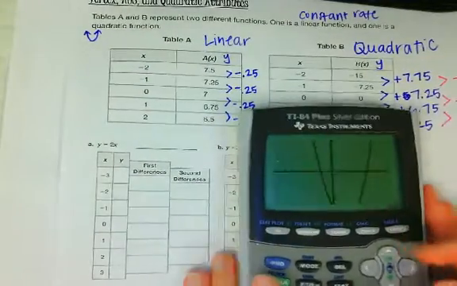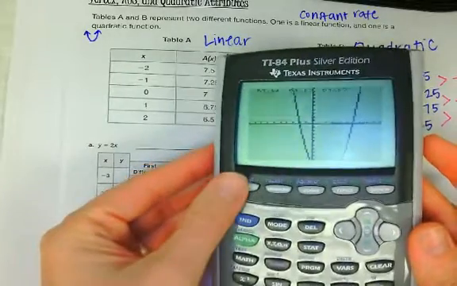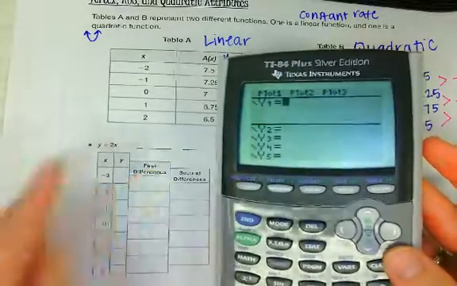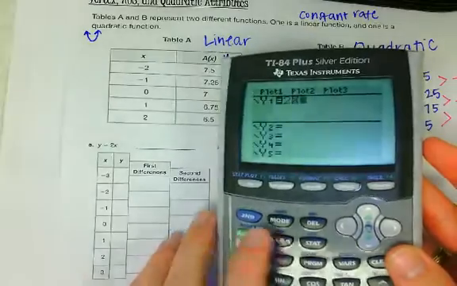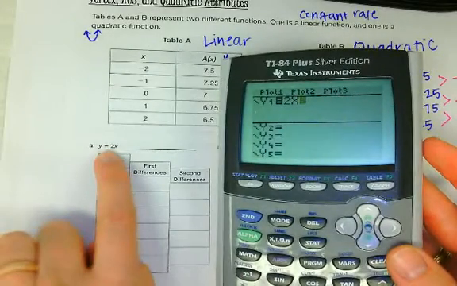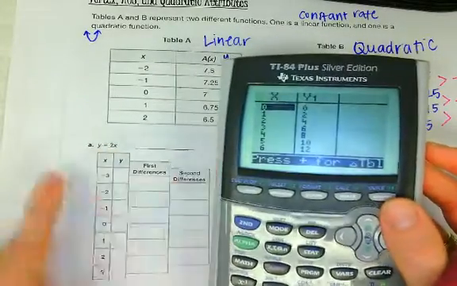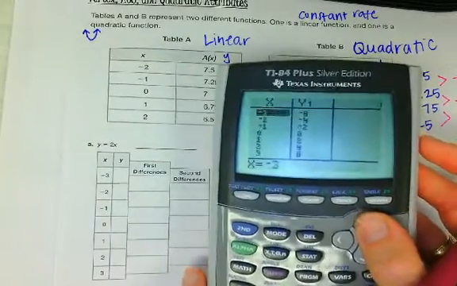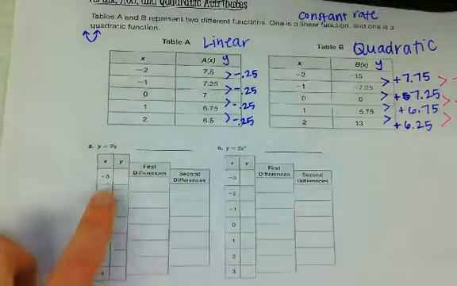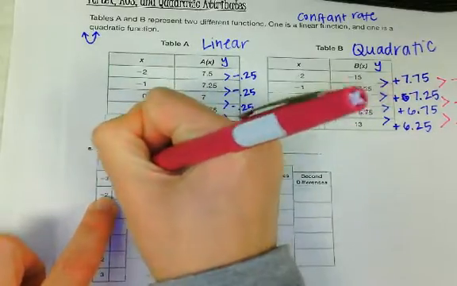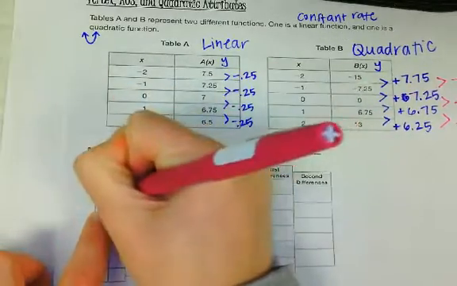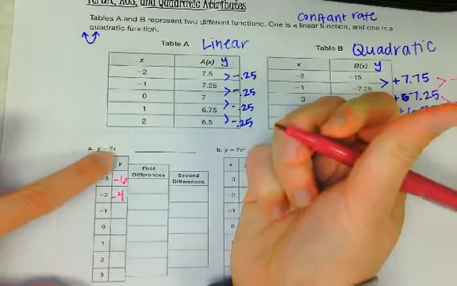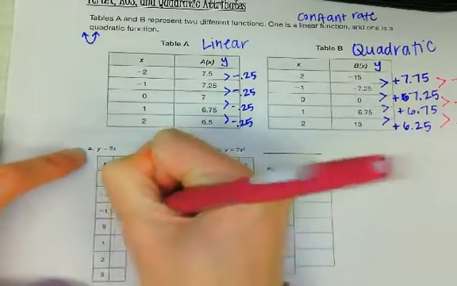I'm going to go to my calculator. Calculator on. I'm going to y equals. I'm going to put 2x, the first equation. I'm going to go to the table and just copy down the exact numbers from the table. You probably could have done this without a calculator, because the equation is just 2 times each of the x's.